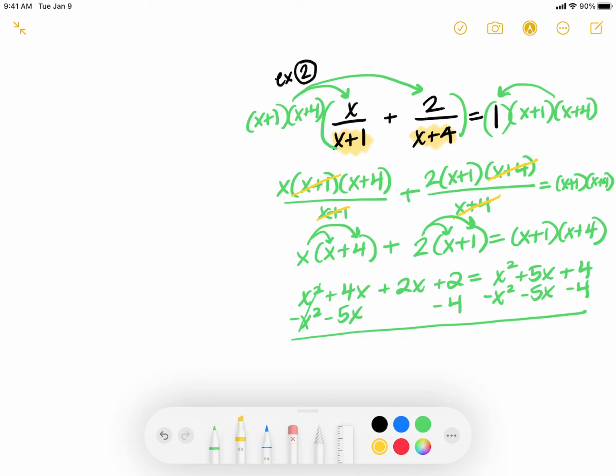I actually had 4x plus 2x, so that's 6x minus the 5x, leaving me with just an x. And then 2 minus 4, leaving me with negative 2. And this side perfectly canceled out. Leaving us with x equals 2.